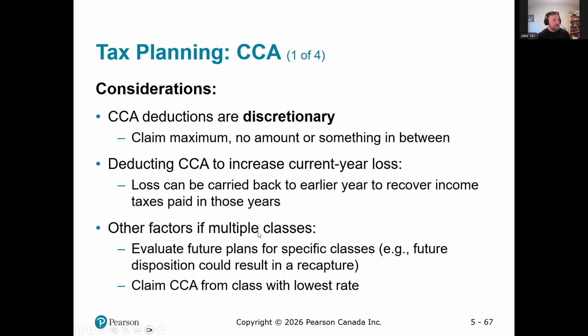If we have multiple classes, let's say our income is $10,000, but our total CCA is $18,000. We don't want to claim all of it. We just want to get it to zero. Which classes do we take first? The usual wisdom is whichever class has the slowest amortization rate, take that first.